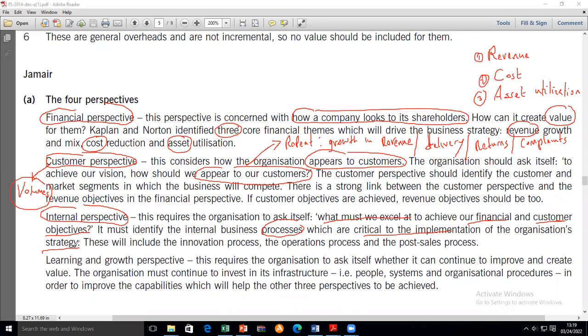But when you look at the question that we have today, there's a number of internal processes.